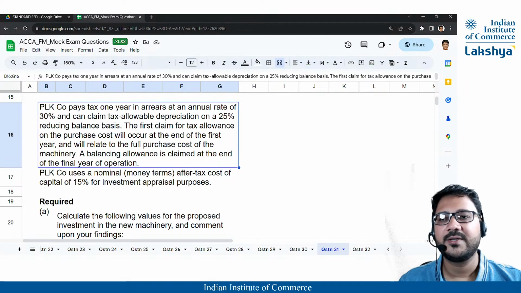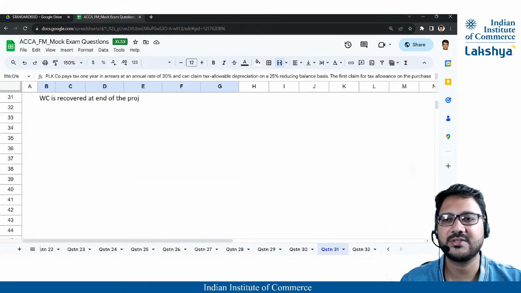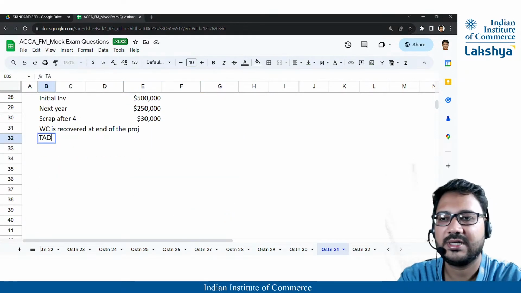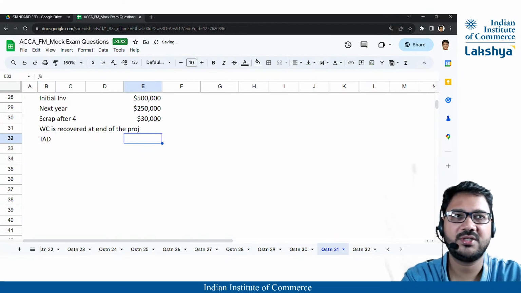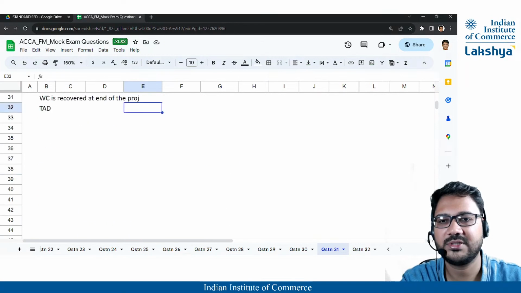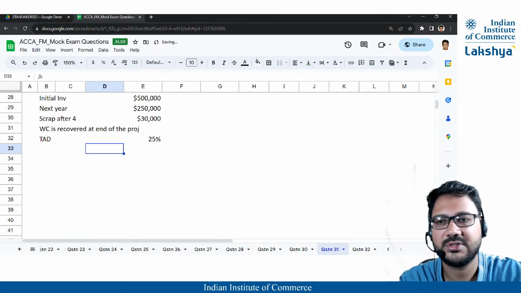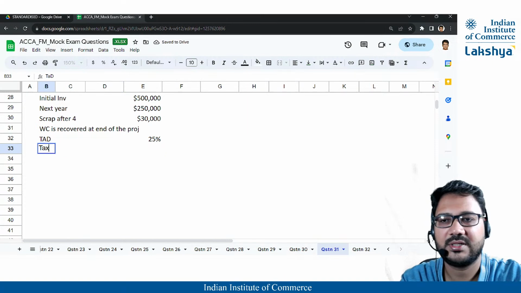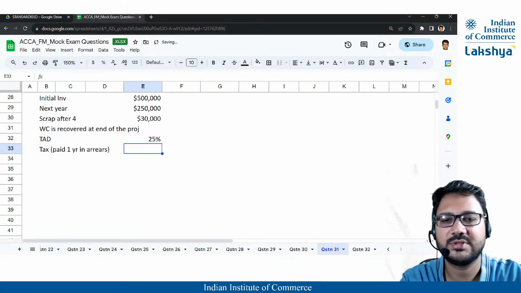Okay. PLK company pays tax 1 year in arrear at an annual rate of 30% and can claim a depreciation of 25%. So tax allowable depreciation is 25%, and tax paid 1 year in arrears is 30%.